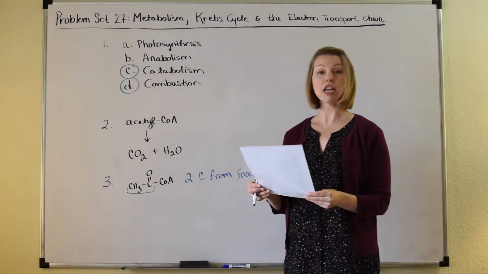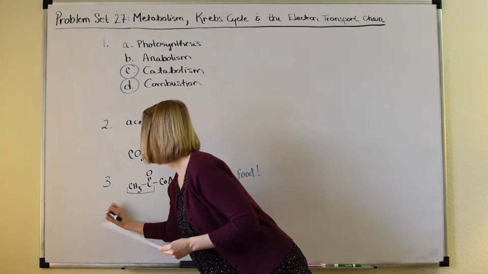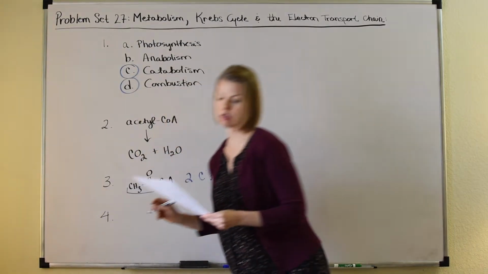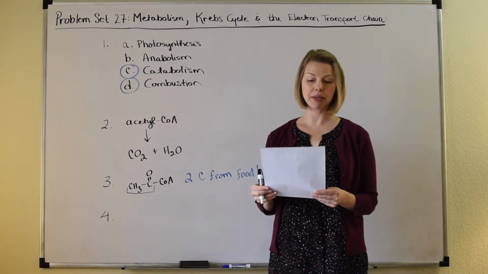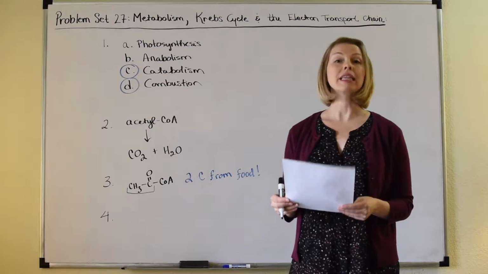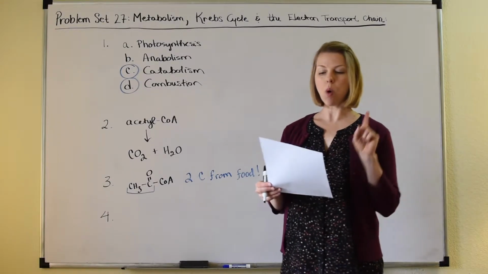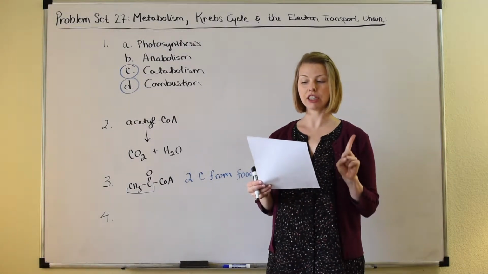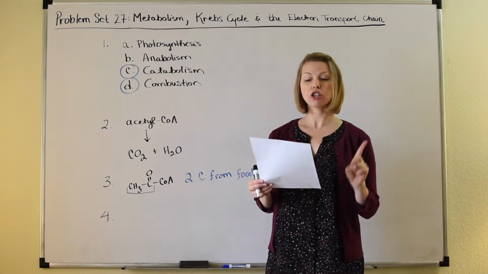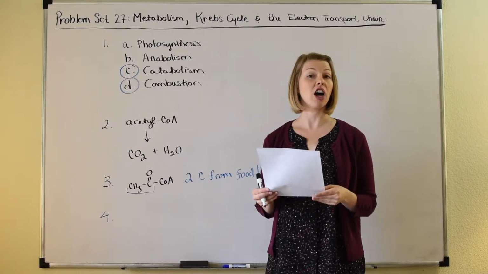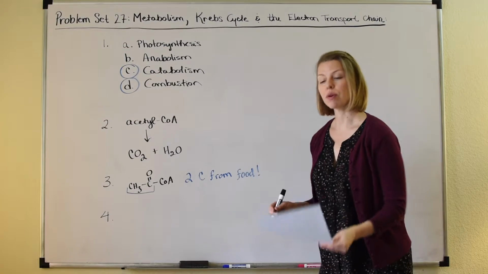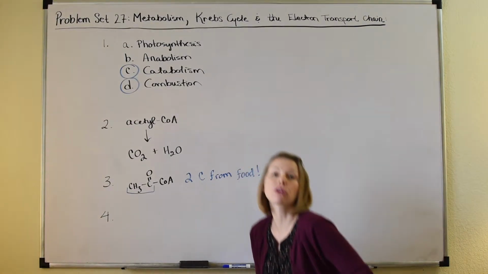All right, number 4. How many ATP form, theoretical yield, when 1 mole of FADH2 is reoxidized during the electron transport chain and oxidative phosphorylation? So remember that we're using the theoretical yields.